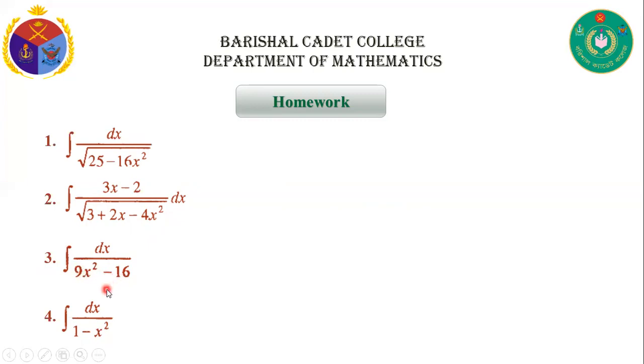And number 4, integrate dx by 1 minus x square. Actually, these are four different problems. I think if you understood this class, you can solve your textbook exercise 10b problems.